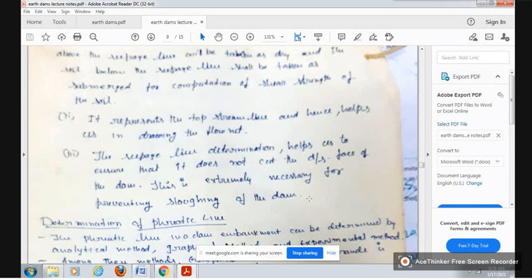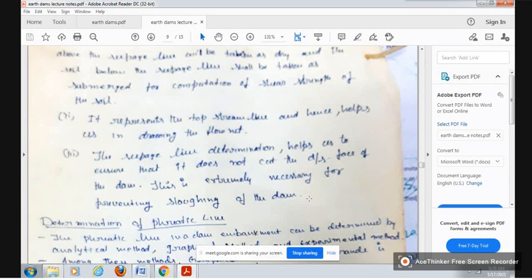The third advantage is with this seepage line, the phreatic line. If you draw the phreatic line and it cuts the downstream face, it means there is a danger of sloughing. As you know, it should not cut the downstream face. The phreatic line should pass through the filter.